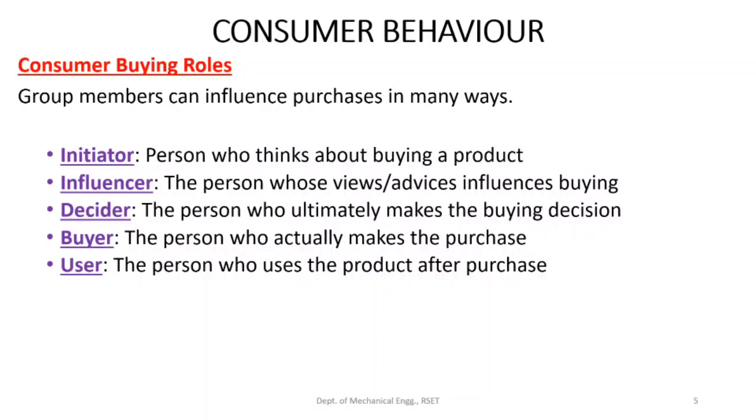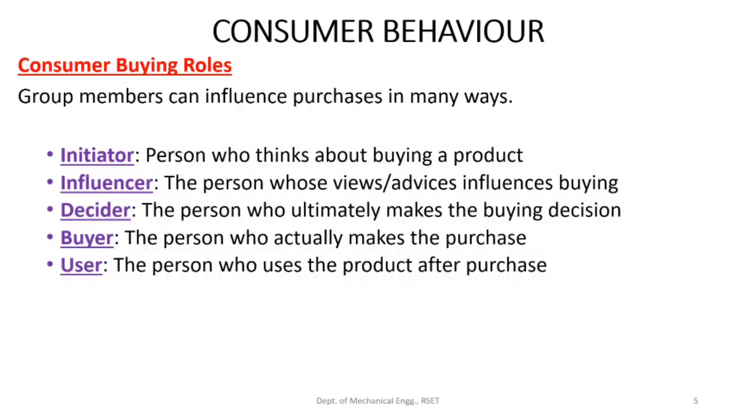So, the initiator is a person who thinks about buying a product. He is a person who initiates a buying activity. The influencer is a person whose views or advice influences the buying process. A decider is a person who ultimately makes the buying decision.